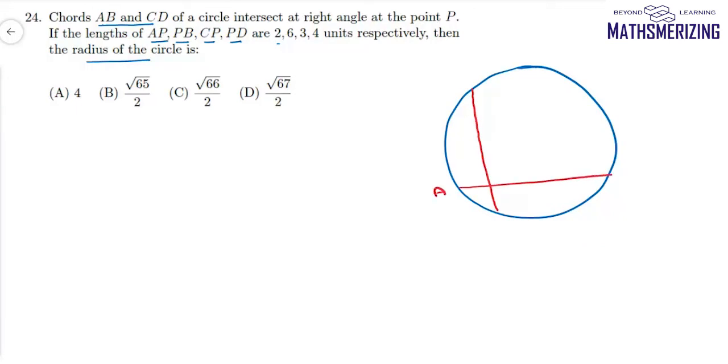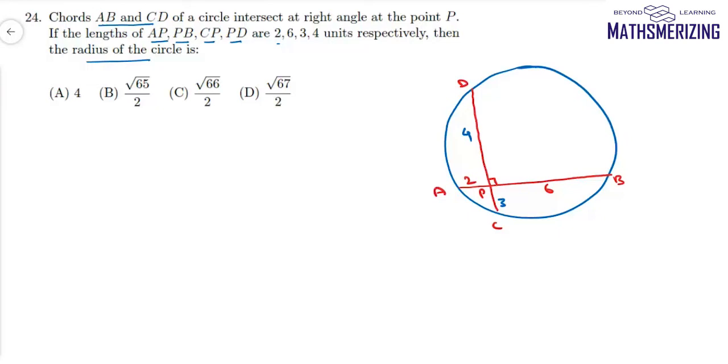Now suppose this is AB and this is CD and they intersect at right angle at point P. So this is P. Now it says AP is 2 and PB is 6. So this is 2 and this is 6. And the same way CP is 3 and PD is 4.